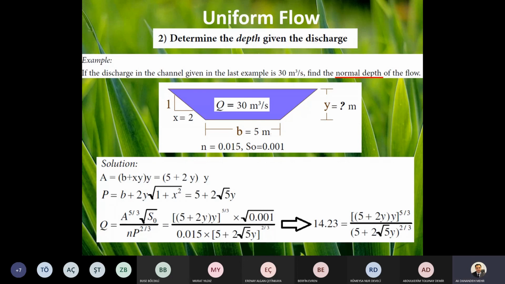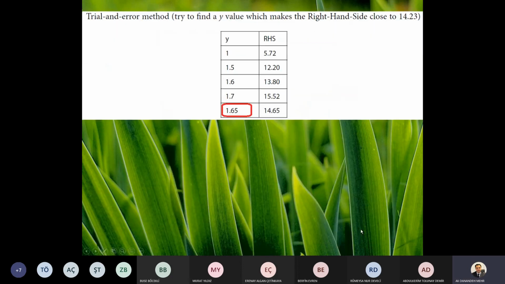How does the trial and error method work? You have this formula, and I started with the value of 1.